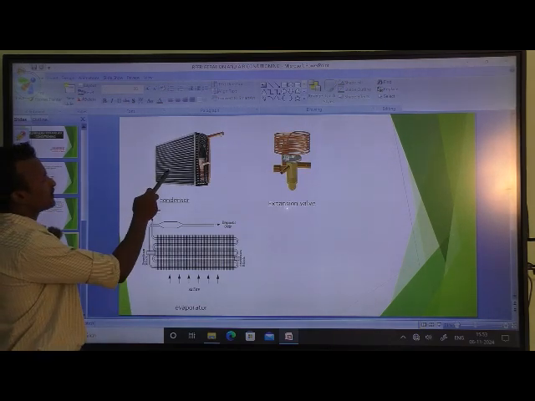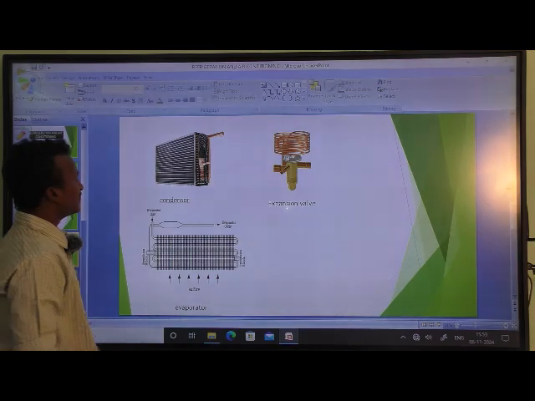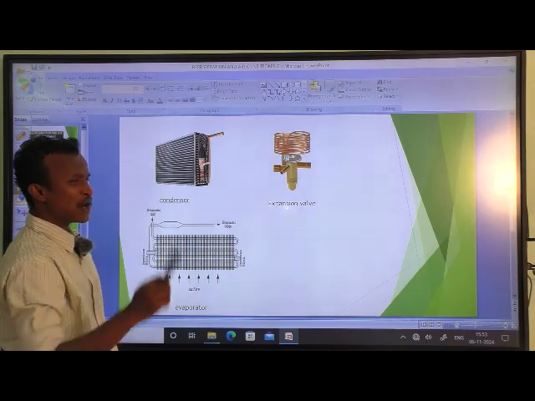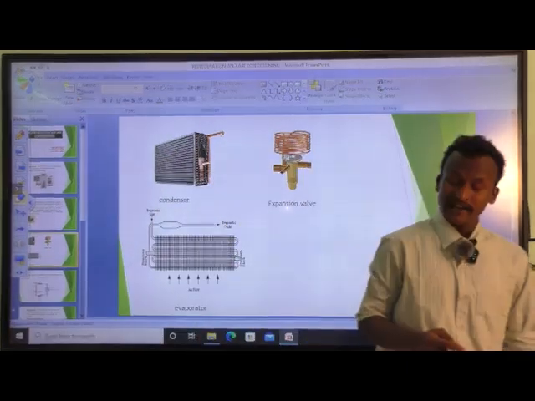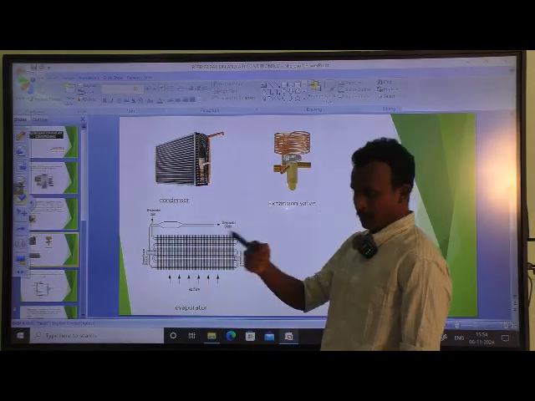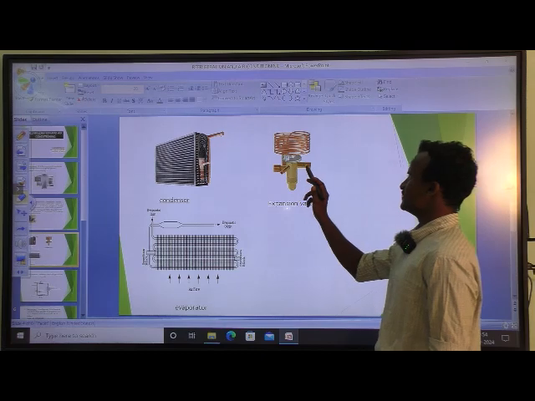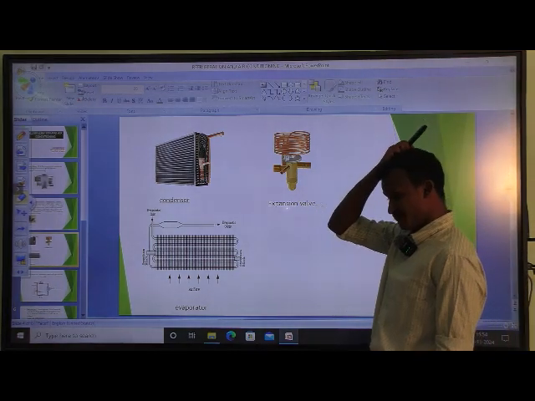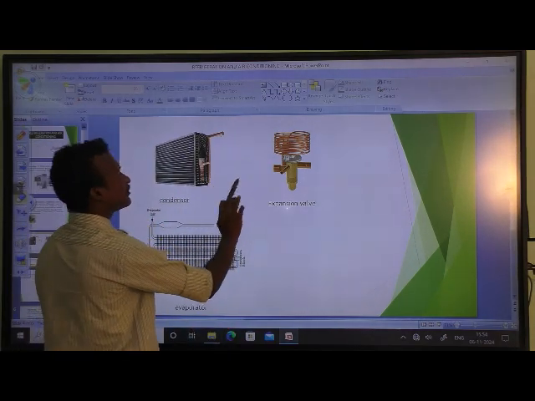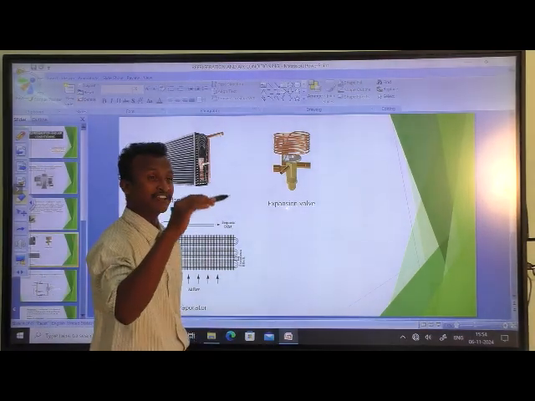Friends, this is called the condenser. As you can see in the condenser, there are a multiple number of small tubes in which the refrigerant flows. Again, I will tell you how the condenser works, and this is the image of the expansion valve. My dear friends, the basic function of this expansion valve is to reduce the pressure.